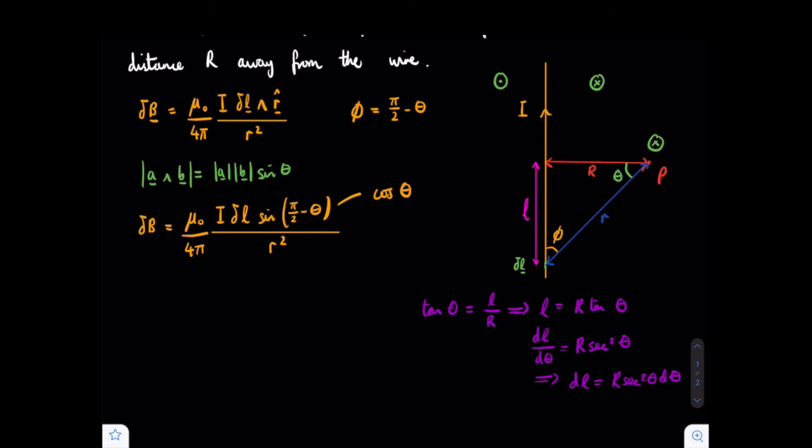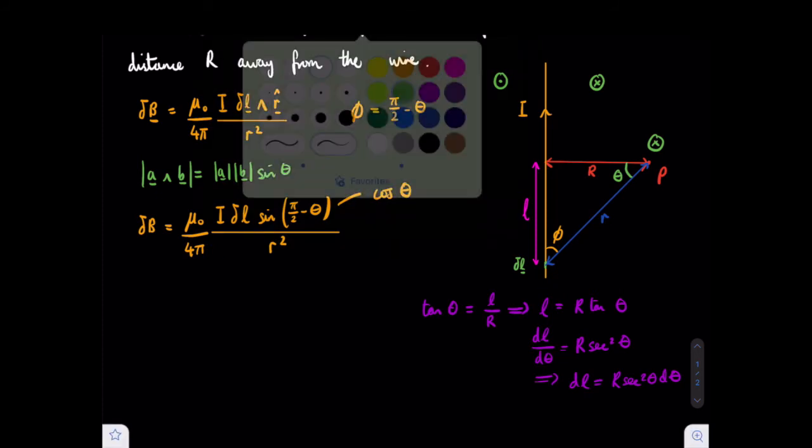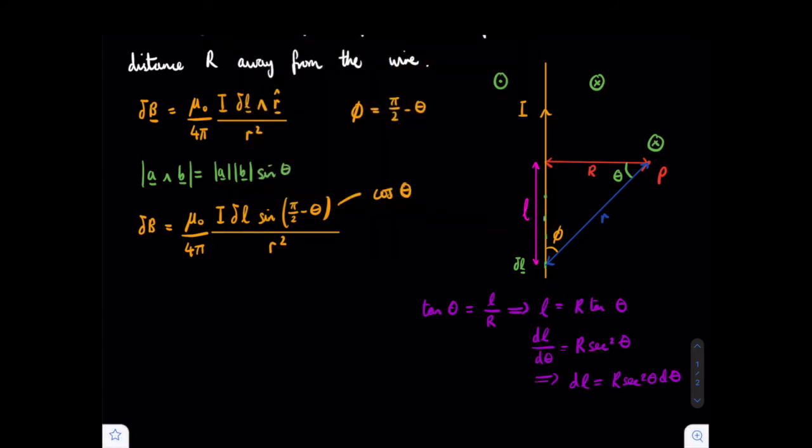This r squared also changes with theta, because say we're adding all these little elements up. So that would mean that for this element, the angle will be different and the distance r would be different too. So that's also a variable that changes. So we need to write that in terms of theta too. How can we do that?